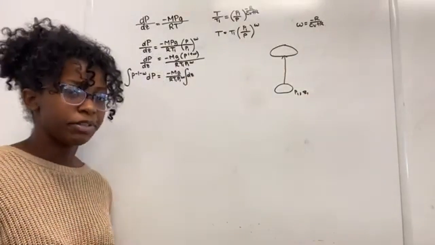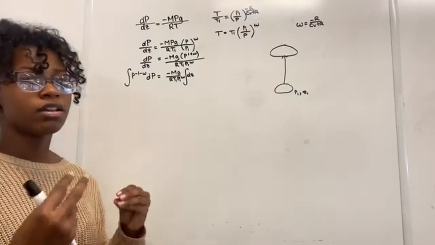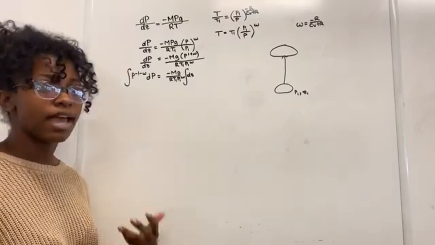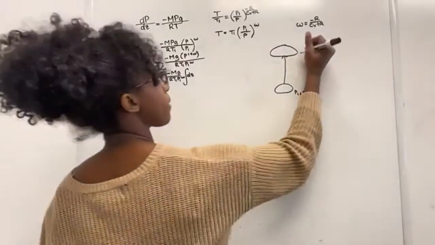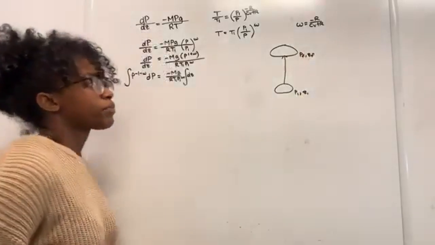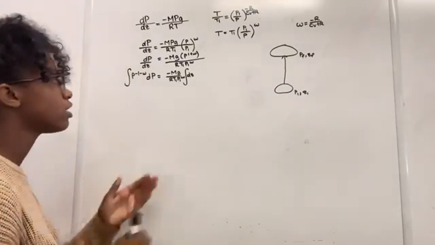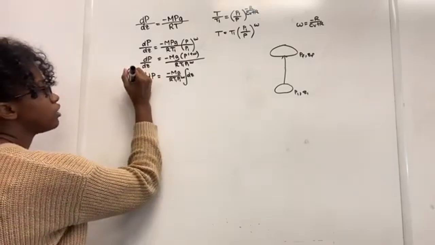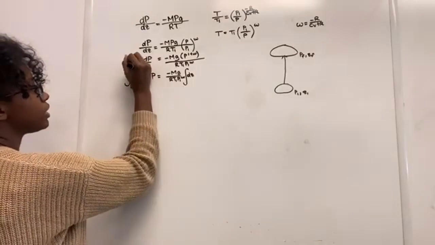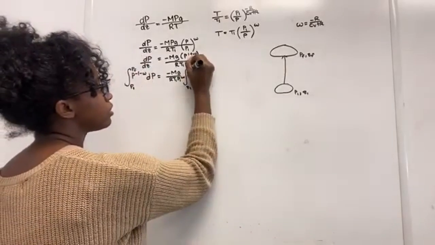And after it experiences this change in altitude, it will reach some final pressure and final altitude, and so we can label those as PF and ZF. And so those will be our limits of integration. So we can integrate the first integral from P1 to PF, and the second from Z1 to ZF.